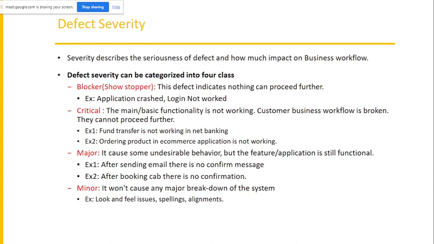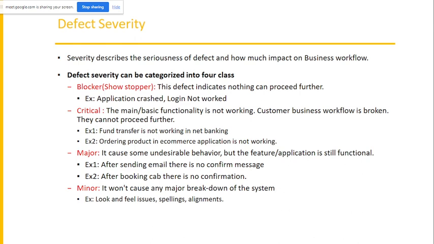Is it going to affect your business workflow? No, sir, not majorly. So whenever you identify these kinds of defects, specify the severity of the defect as minor. Understood, Pooja? Yes, sir.